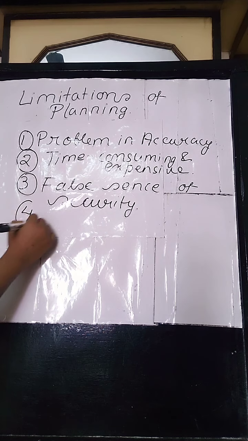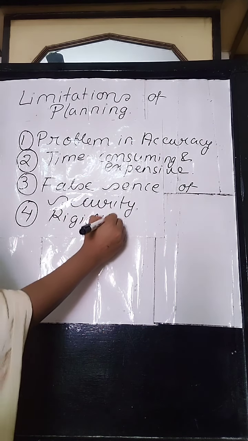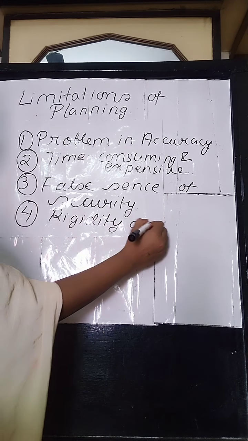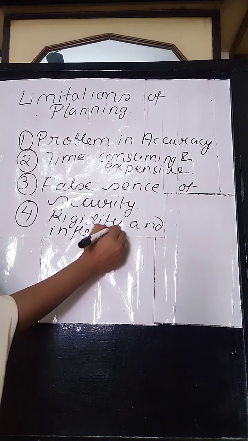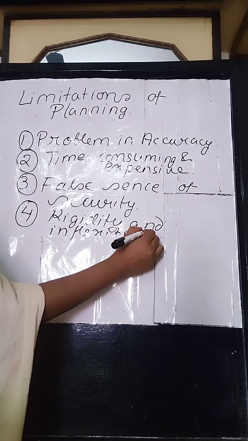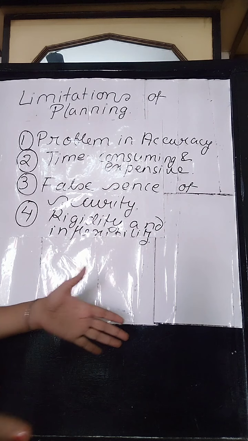Rigidity and inflexibility is the fourth point. Planning is somehow rigid in nature. Planning directs the management to some predetermined course of action.